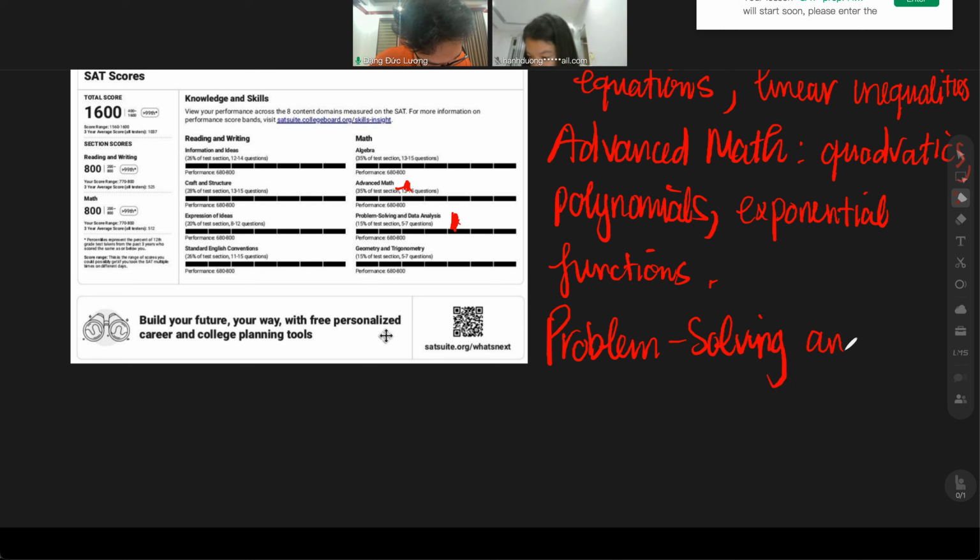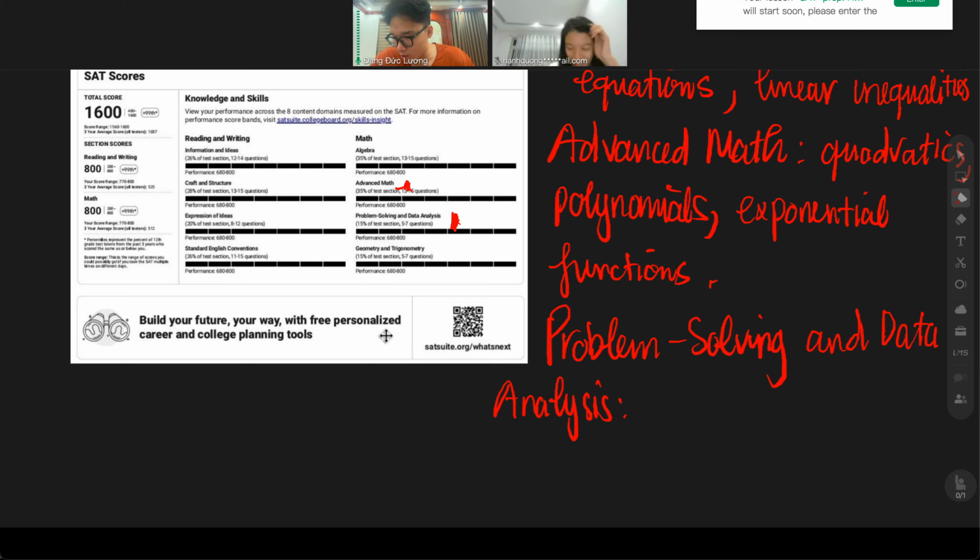It will account for 15%, equivalent to 5 to 7 questions. This section tests word problem comprehension. You can see that there's an interconnection between the math part and the verbal part.